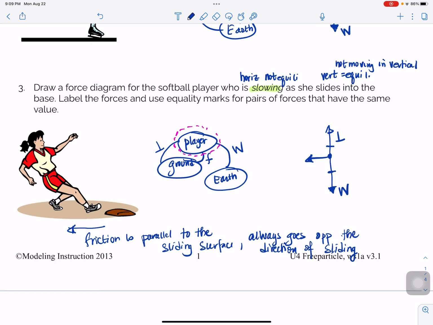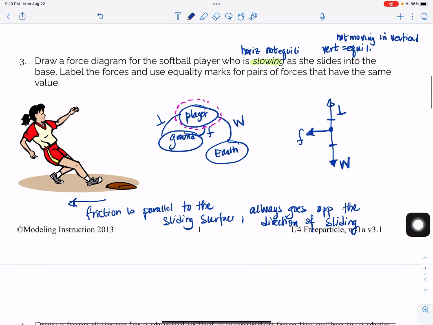Because she's not in equilibrium, we don't know how long this force is, so we're just going to draw it a random length. I don't have a pair of forces in the horizontal direction, so I cannot put a congruency mark on that. I can only put congruency marks when I have a pair of forces that are equal in length to each other.